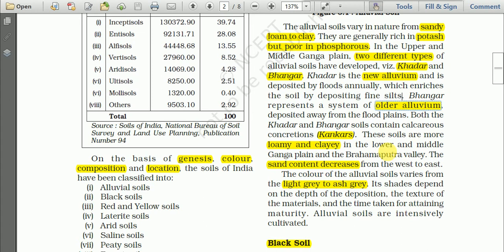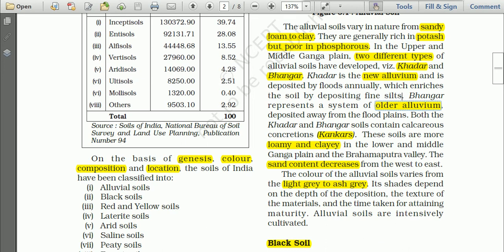As you know, the newer alluvium is locally known as Khadar, whereas the older one is known as the Bhangar. And Khadar is more fertile than the Bhangar because it is enriched by the flood waters every year.